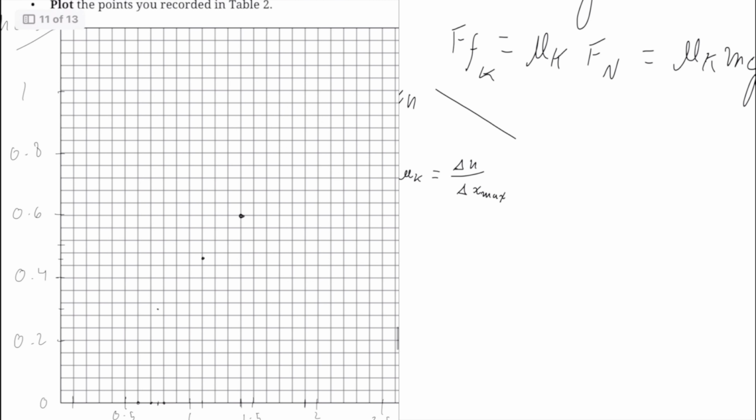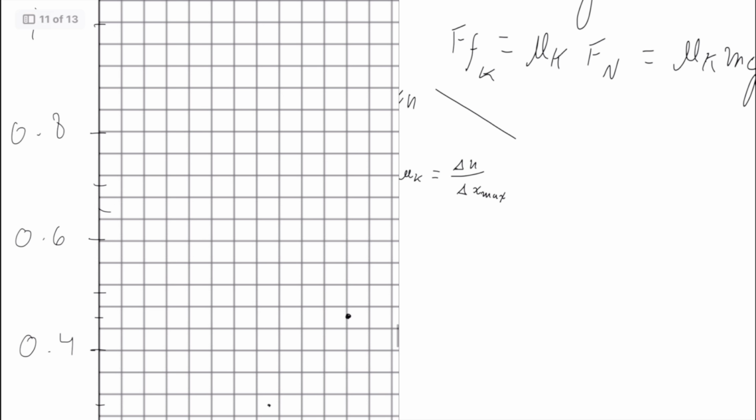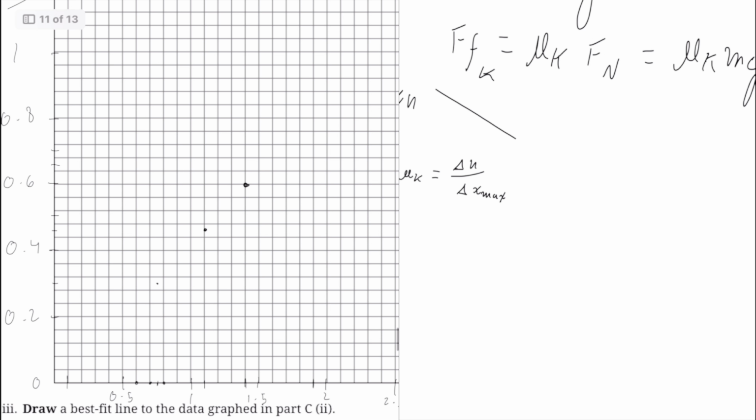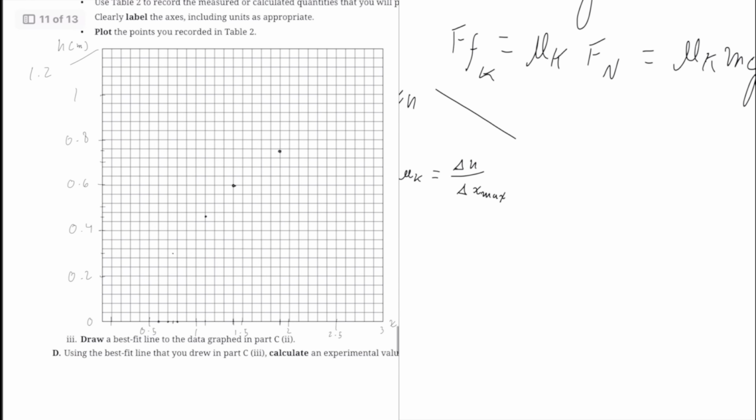Ooh, 0.75 is in the middle of the middle, so we'll do that same thing again. So now here's 1.9. There's 0.75. Done. Now we can move on to the next point.